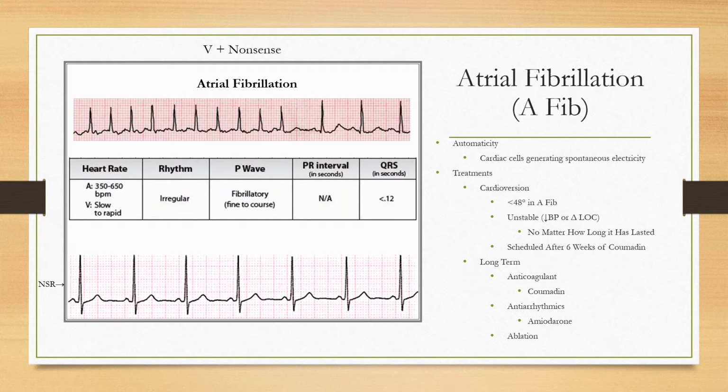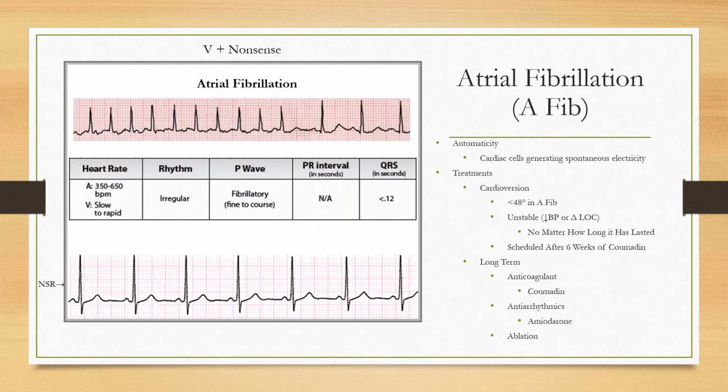If they've only been in this rhythm for 48 hours or less, we can try and get them out of this rhythm by using electricity, so cardioversion. So we can sedate them, we can give them something for pain because electricity hurts, and we can cardiovert them. We can reset the electricity of the heart to see if it goes back to normal sinus rhythm. Okay? So that's one option.